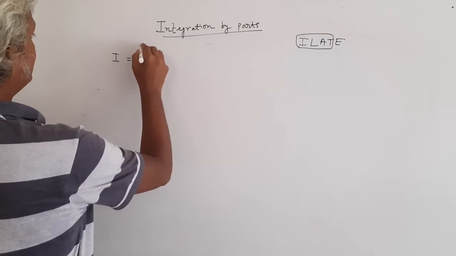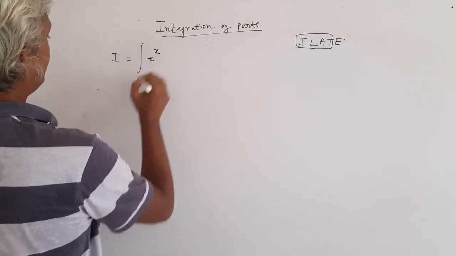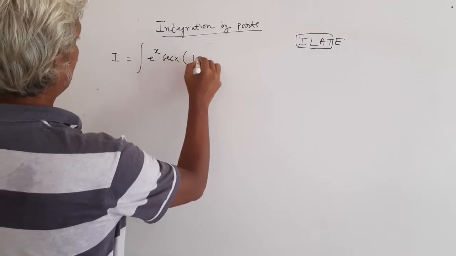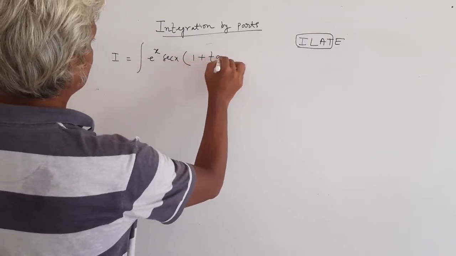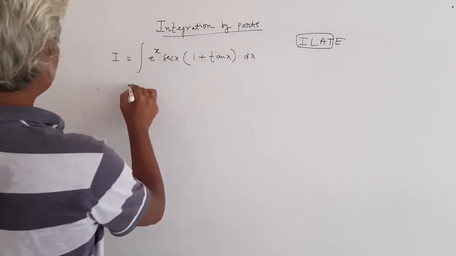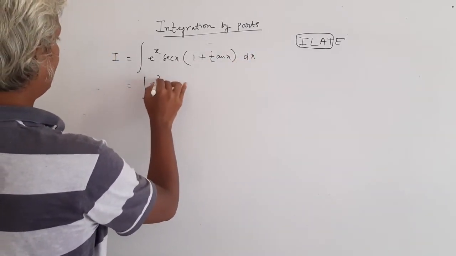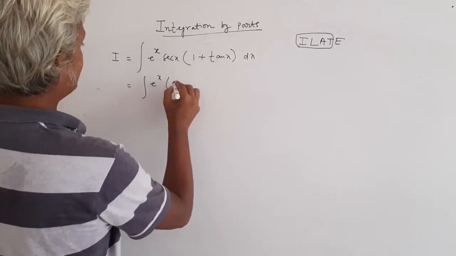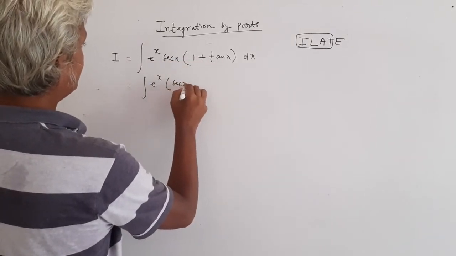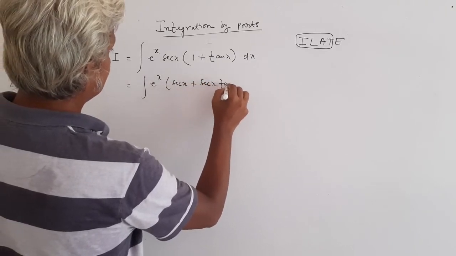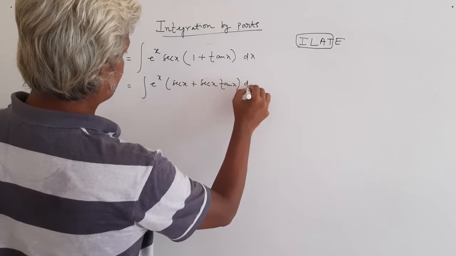Here I have one simple example: the integral of e to the power x sec x (1 plus tan x) dx. Dissolve this bracket and put sec x inside, and you get sec x plus sec x tan x.